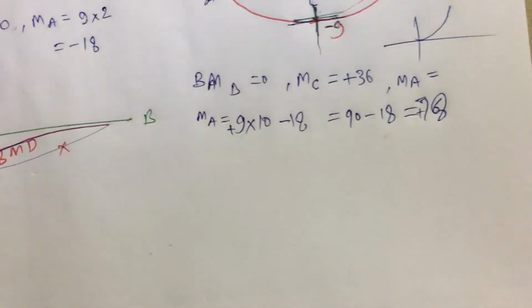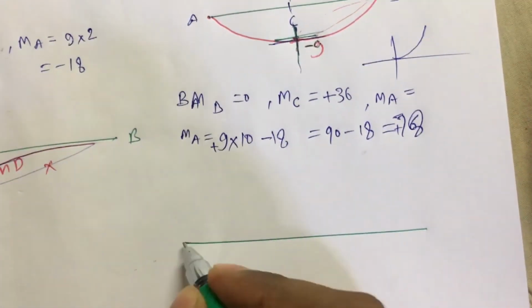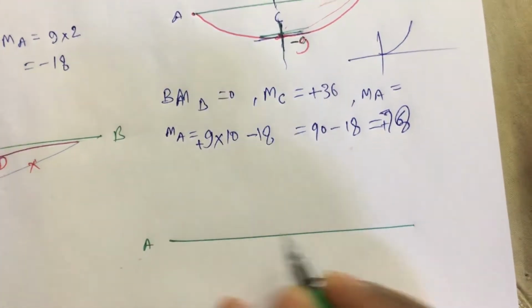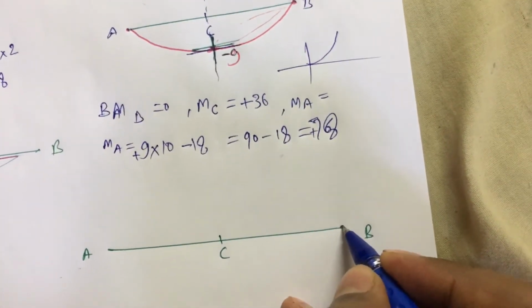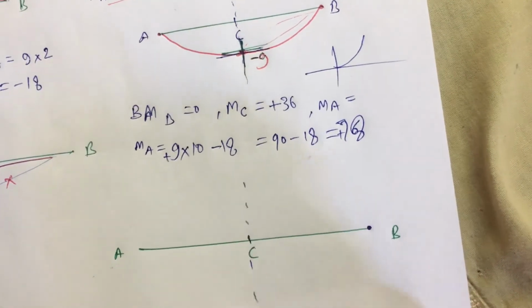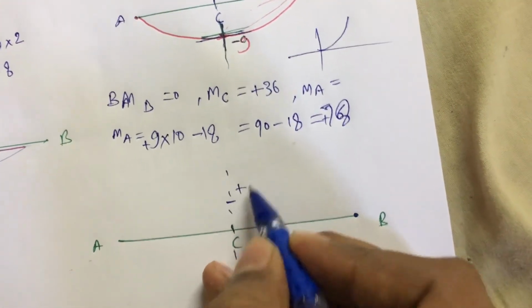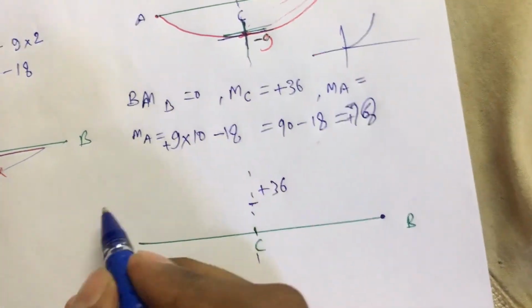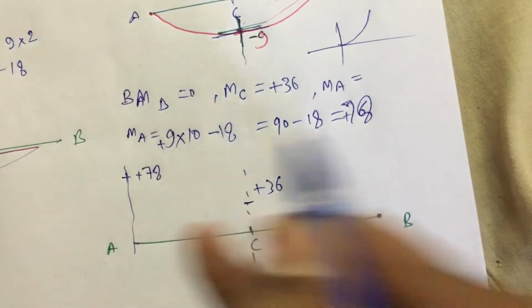Okay, fine. How to discuss this? Draw the beam, and this is your point A, this is your point C, this is your point B. At B you have 0 bending moment, and at C you have plus 36 bending moment. At A we have plus 78 bending moment.